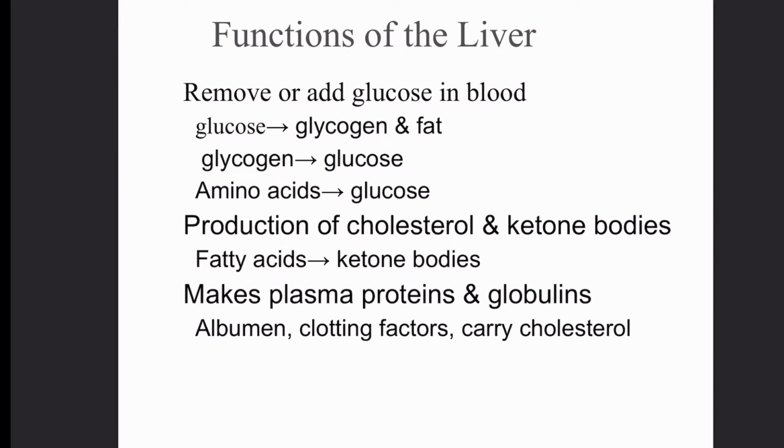The liver can remove or add glucose to the blood, and so if you think about terms of fasting, for example, liver glycogen, so glycogen that's stored in the liver, can be broken down into glucose. Amino acids can be broken down into glucose.